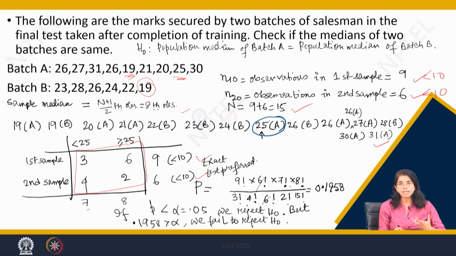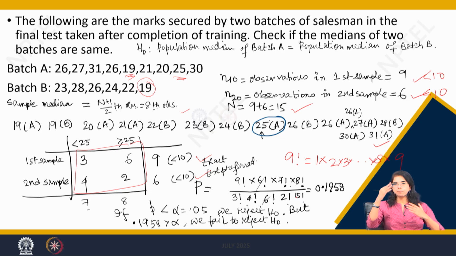Say if I am calculating 9 factorial, then I have to multiply 1 into 2 into 3 into ... then 8 into 9. Similarly, figure out what 6 factorial is, what 7 factorial is, what 8 factorial will be.